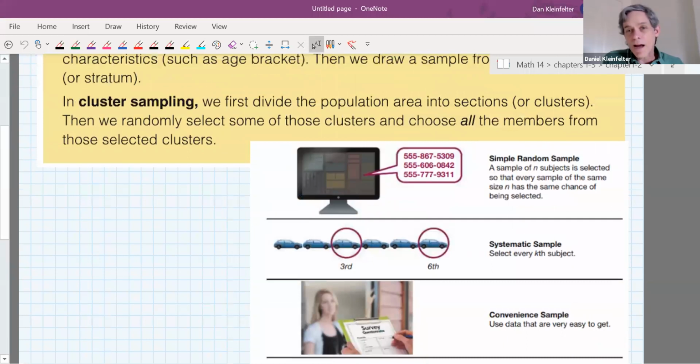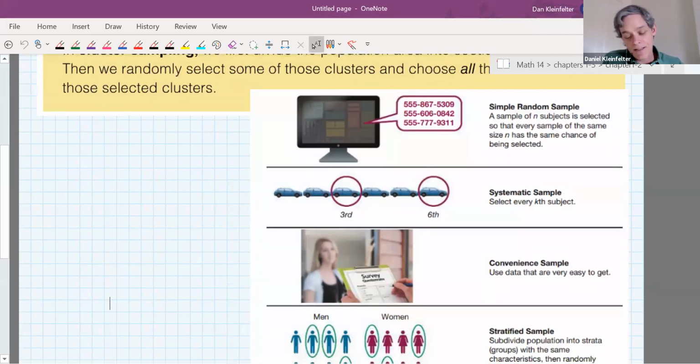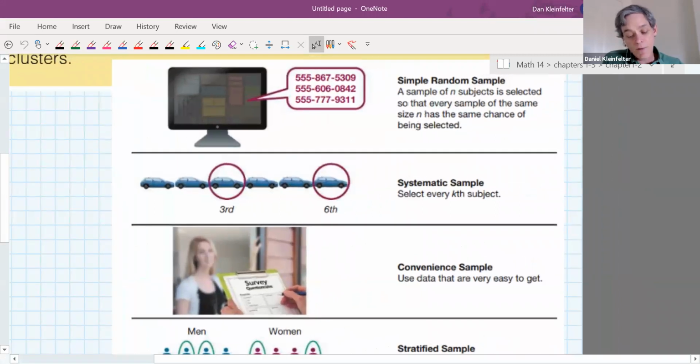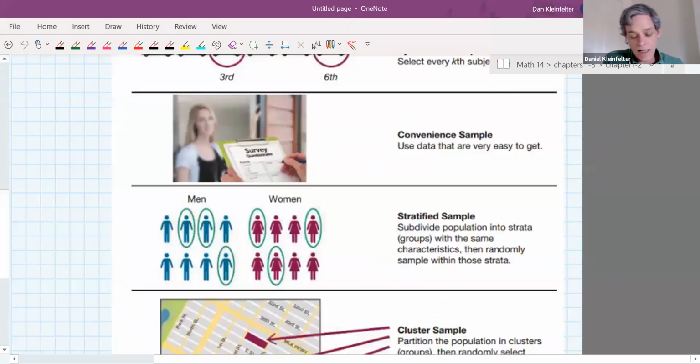Right, so here are some graphics that hopefully illustrate the different types of sampling. A simple random sample is described such that every sample of the same size n is equally likely to be selected. Systematic sampling, every kth subject, here every third car coming off of an assembly line, the third, the sixth, the ninth, and so on. Convenience sampling, using data that is easy to get.